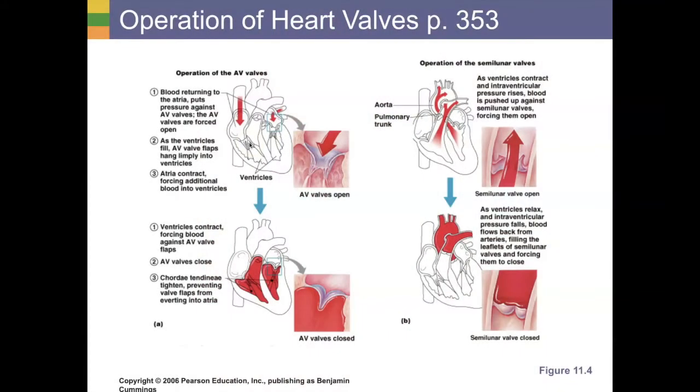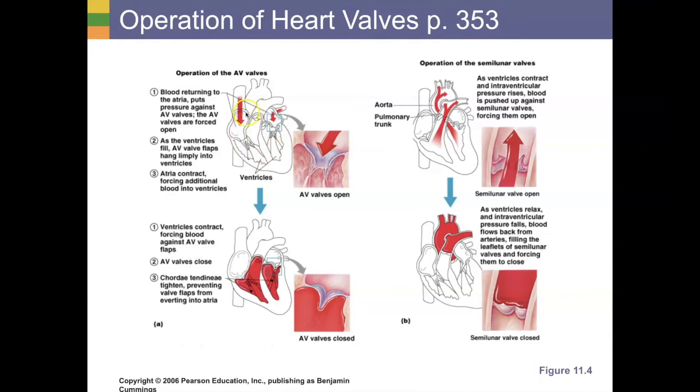And so the way in which this happens is blood first is going to come into the atria. We already discussed that. Once these atria fill up, they put enough pressure on that it opens up these little valves, and the blood will flow into the ventricles.